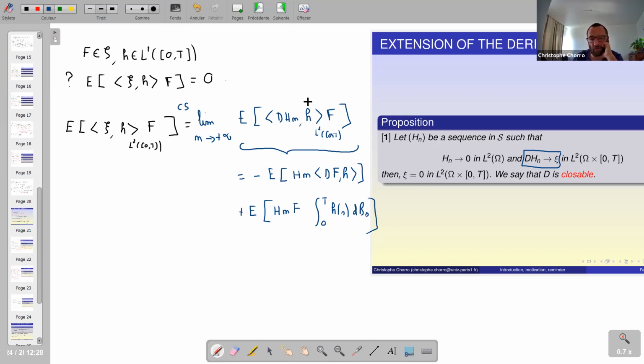So the limit of the term I am interested in is just the limit of this one, using here that the equality holds because I have the corollary one. So let's consider the term that interests me now.